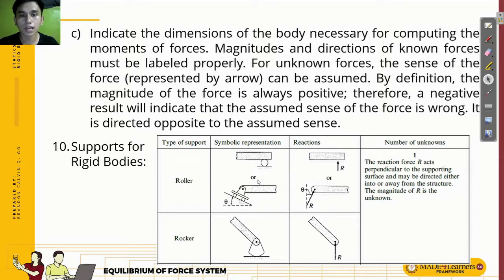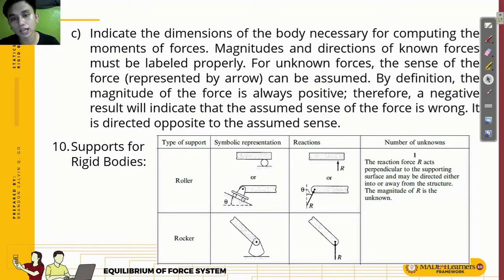So what it can only resist is what is perpendicular to the surface. Okay? For example, this one, its reaction resisted is perpendicular to the surface, so we have vertical.